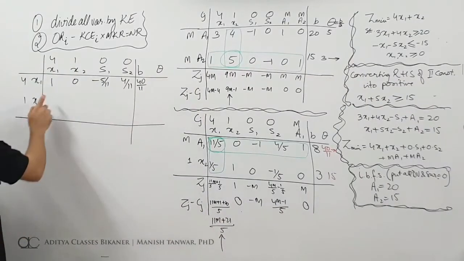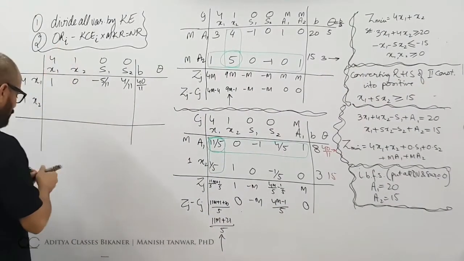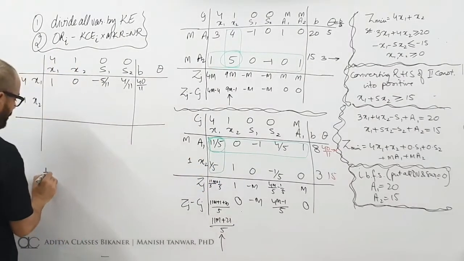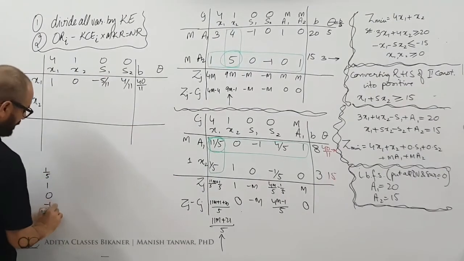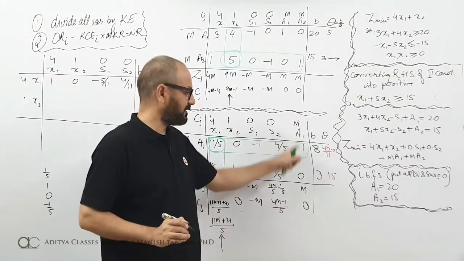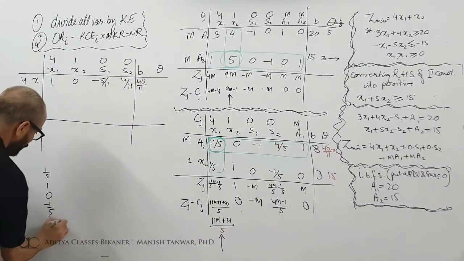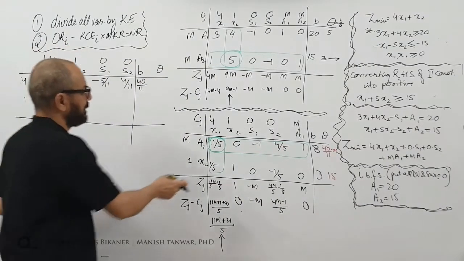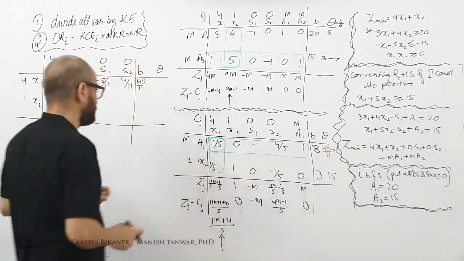Now, what will be the rule for this? The rule for this will be old row. Our old row is this one. 1 by 5, 1, 0, minus 1 by 5. This I am not considering because a1 is out. Last one would be 3. Old row minus key column element. Key column, we are talking of second row, so element 2.